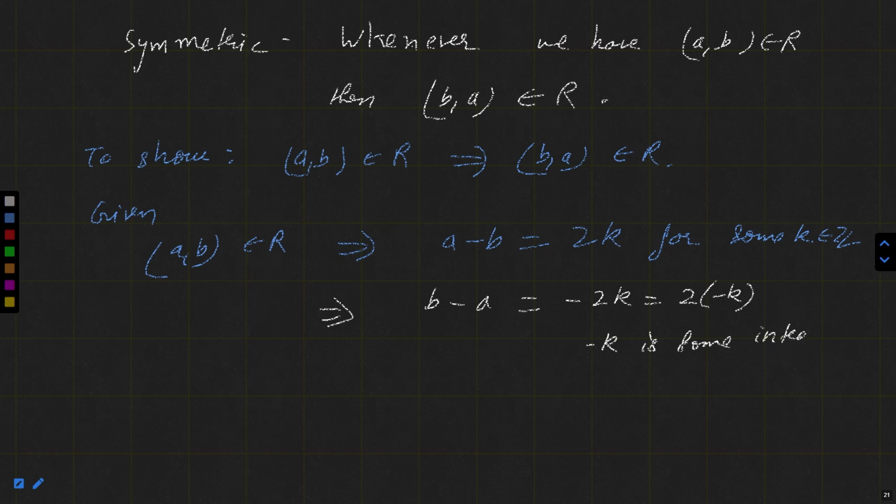So b minus a is also divisible by 2. This means 2 divides b minus a, which means (b, a) belongs to relation R. So it is symmetric also.